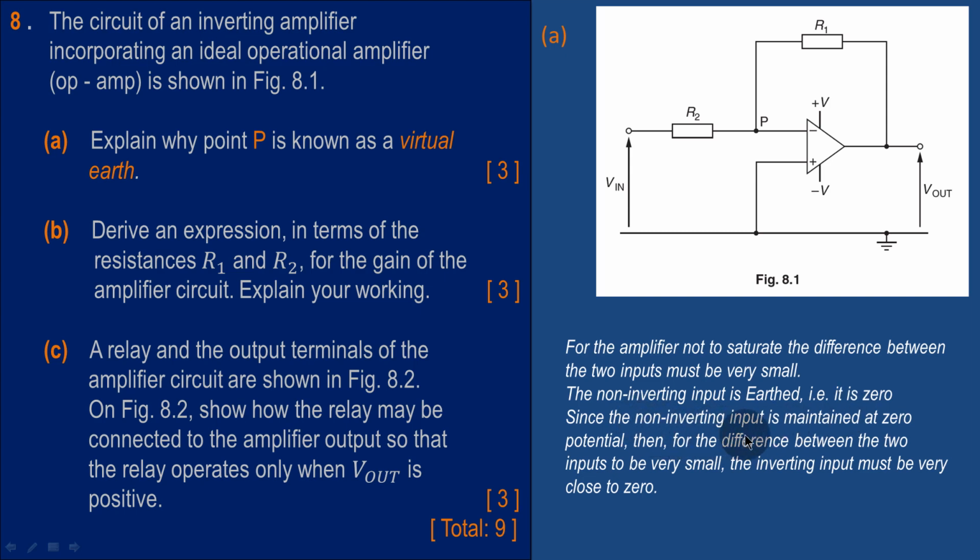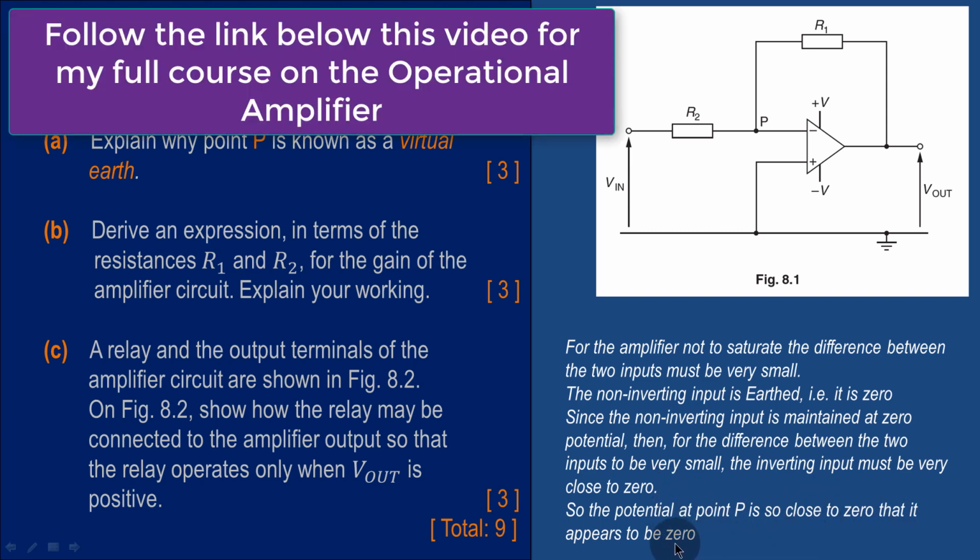Since the non-inverting input is maintained at 0 potential, then for the difference between the two inputs to be very small, the inverting input must be very close to 0. So the potential at point P is so close to 0 that it appears to be 0. Those are the 3 points which are required for the 3 marks.